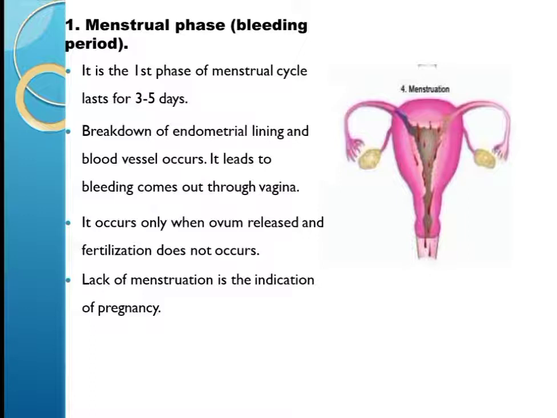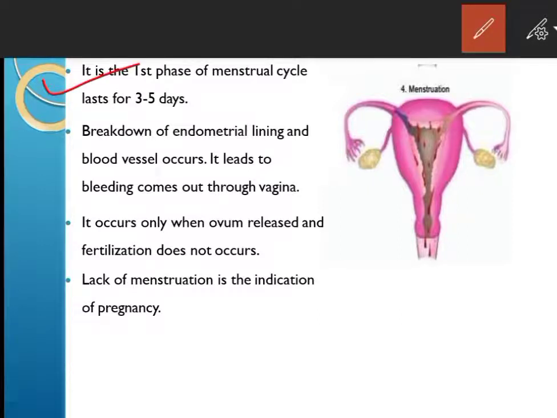The first phase is the menstrual phase or the bleeding phase. The cycle starts with the menstrual phase and it lasts for about 3 to 5 days. There are various events involved in the menstrual phase.